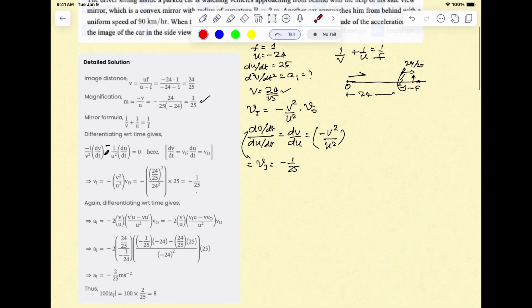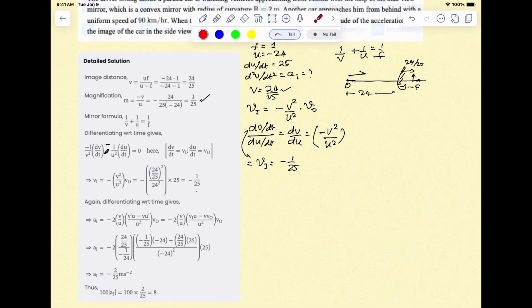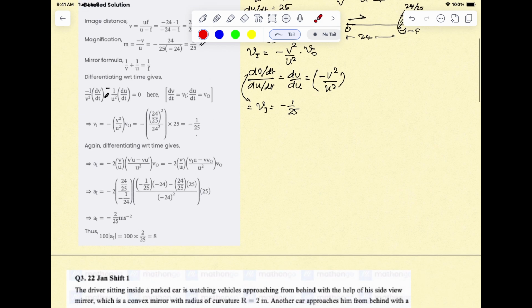As I told you, I have a shortcut for calculating without having to use the mirror or the lens formula. That is going to save you a certain amount of time as well as the headache of going wrong. Whereas the second shortcut specifically for this particular problem is avoiding the double differentiation.